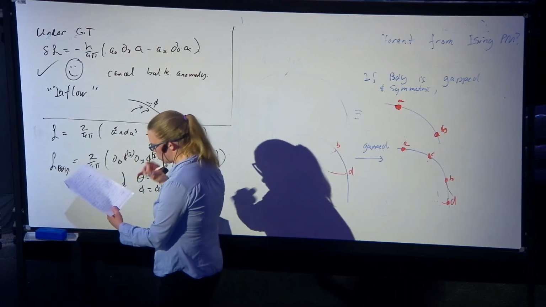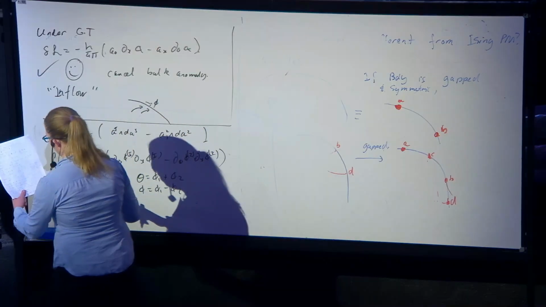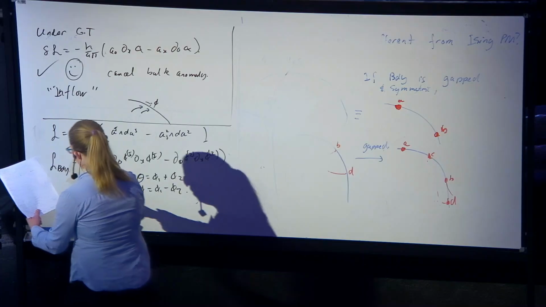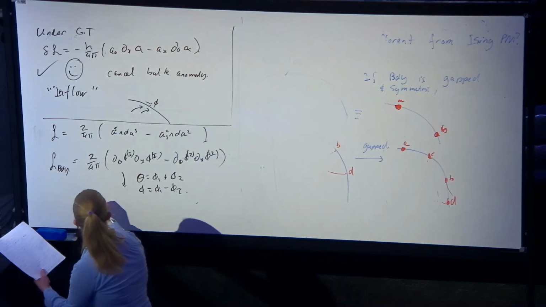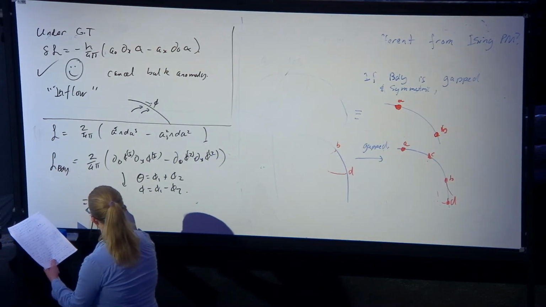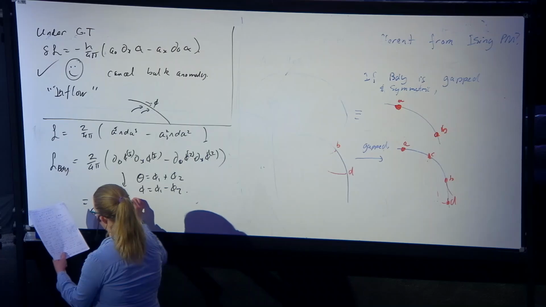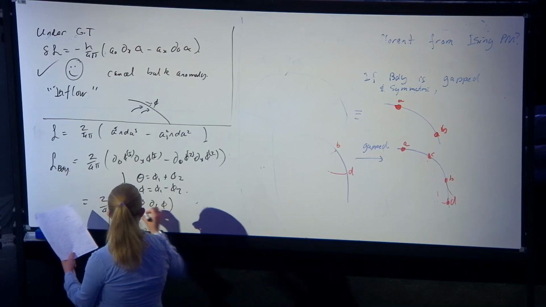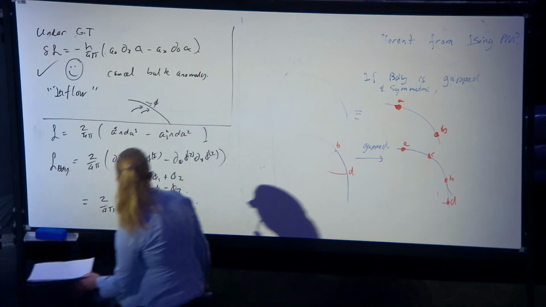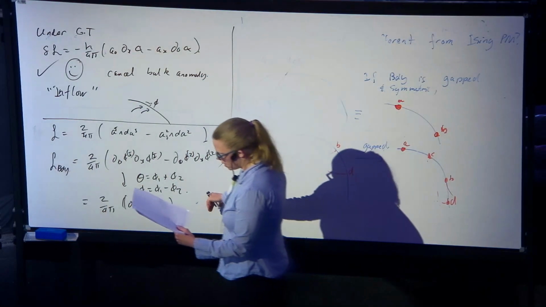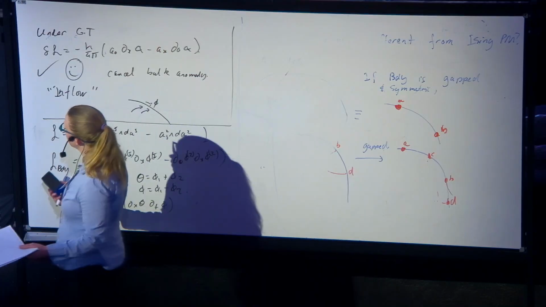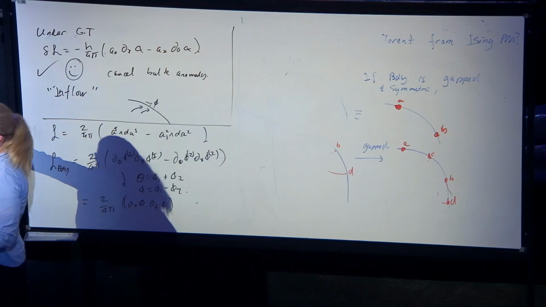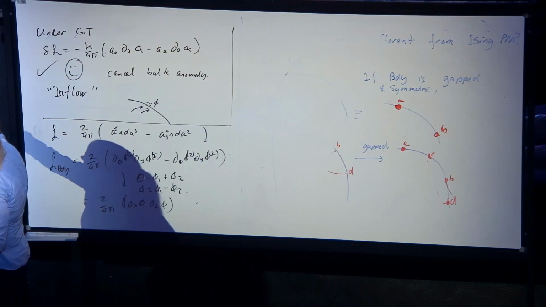So again, you can do the algebra yourself, okay? But basically, when you do this transformation, you get a 2 over 4 pi dx theta dt phi. Now, when I write down this guy, it's pretty clear.